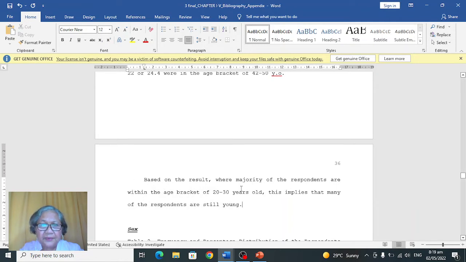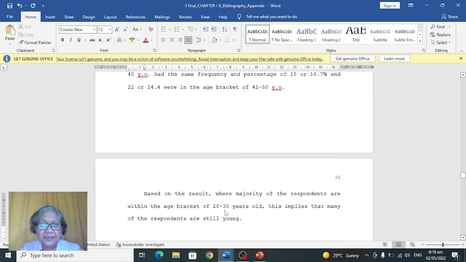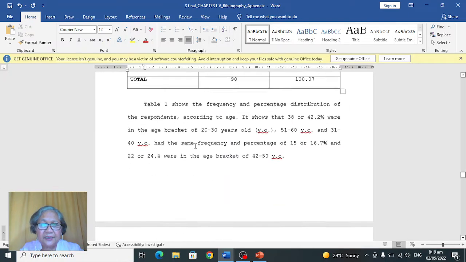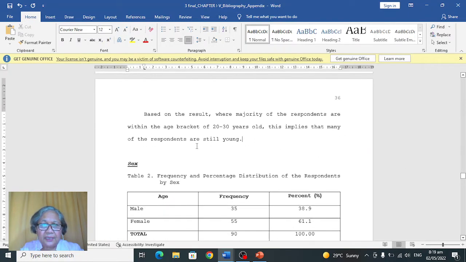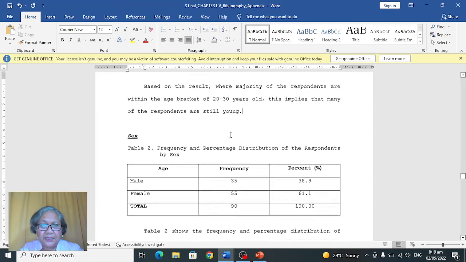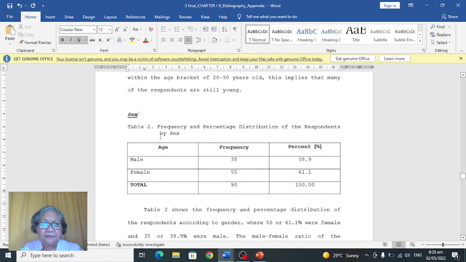Based on the result, where majority of the respondents are within the age bracket of 20 to 30 years old, this implies that many of the respondents are still young. That is how to analyze and discuss the implication of the data presented. So, the same here for sex.